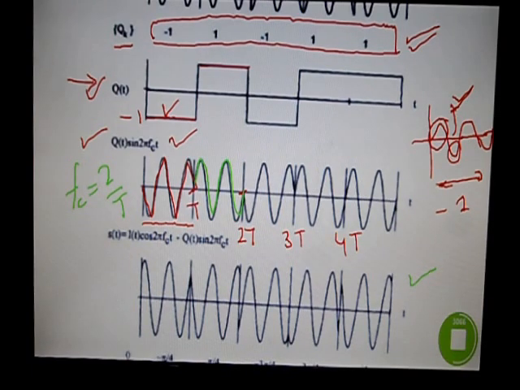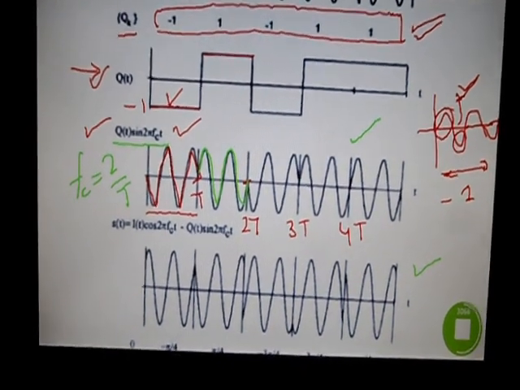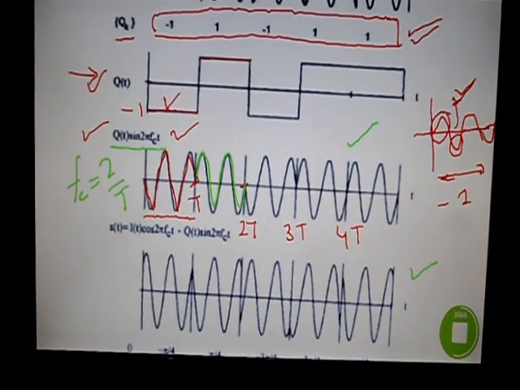It is the addition of Q of t sine 2 pi f ct and the upper signal, I of t cos 2 pi f ct. When you add this signal with the in-phase modulated carrier, you would get this signal.